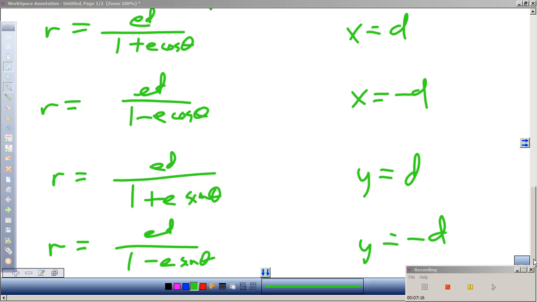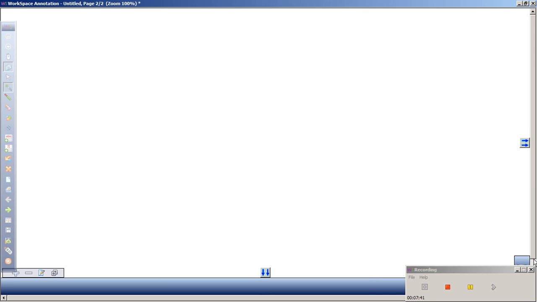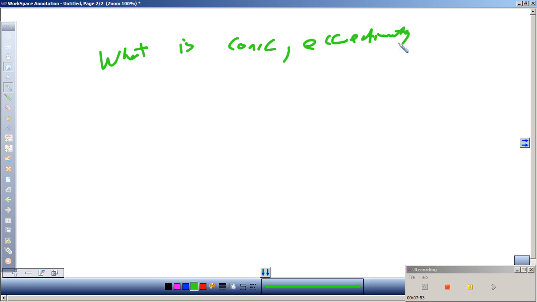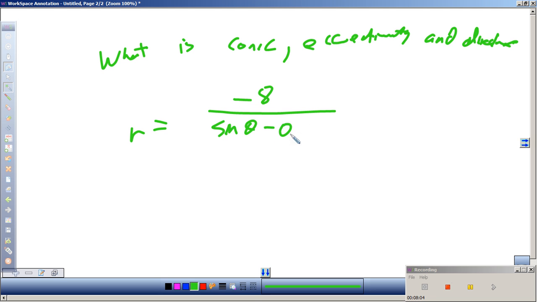Now, some of what you're going to be asked to do is this. What is the conic, eccentricity, and directrix? You're given the equation, say r equals negative 8 over sine theta minus 0.25. So what do you think we need to do?